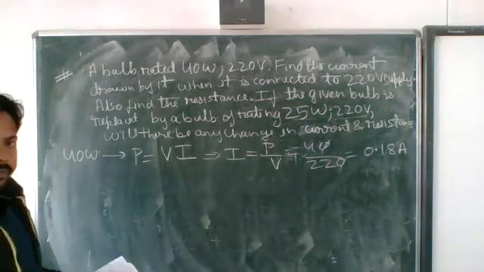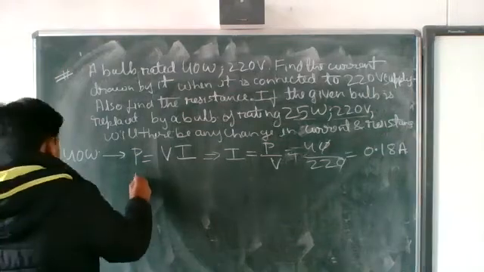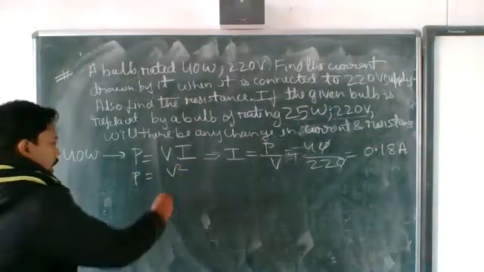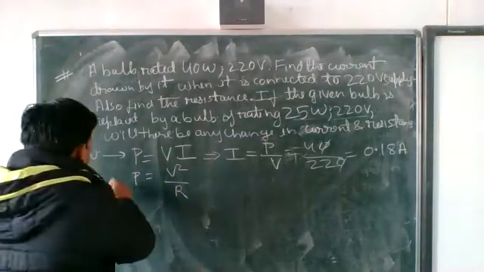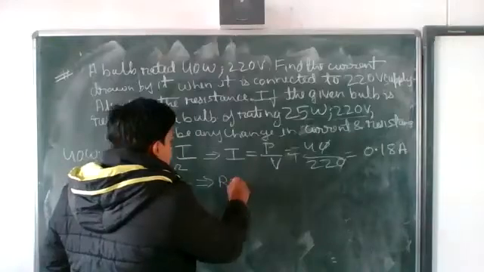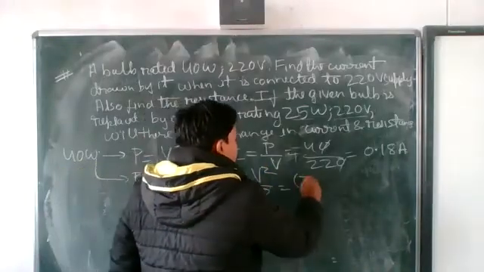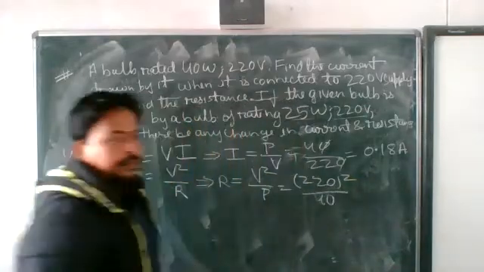Power is equal to V square upon R. From here, for the same power, we can calculate the resistance R, that is V square upon P, 220 square upon 40.